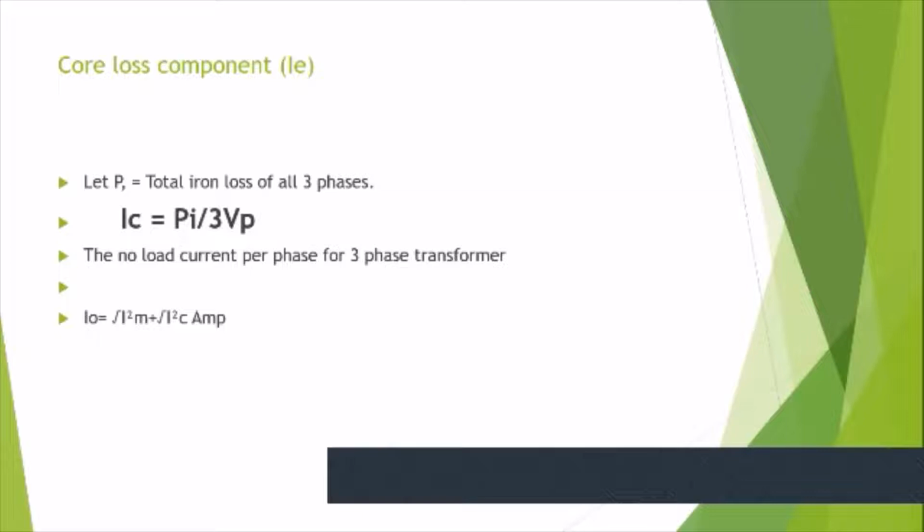The no load current per phase for a three-phase transformer is IO equal to the square root of IM squared plus IC squared, and it is calculated in amperes.